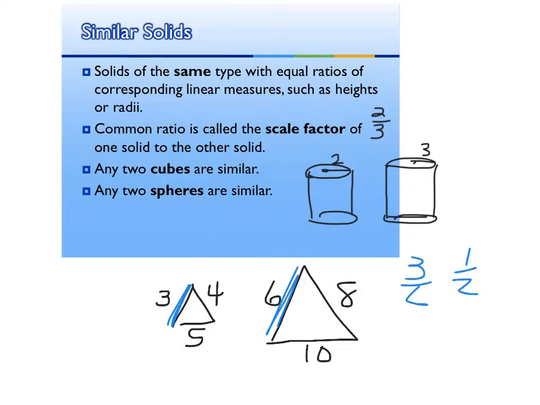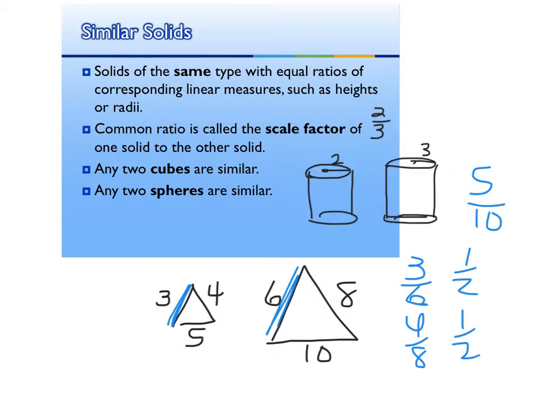So when all the sides match up, all the corresponding linear measures in these solids match up and they all simplify to the same ratio, that is our scale factor. So this one would have a scale factor of 1 to 2. So that's what I mean by the corresponding ratio or the common ratio. I'm sorry? Then they're similar.